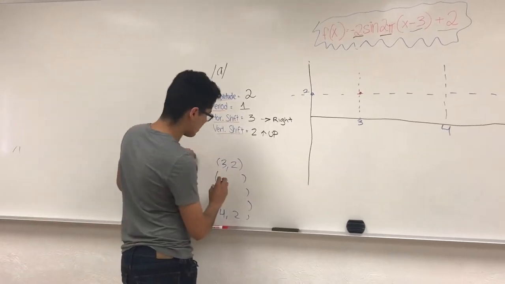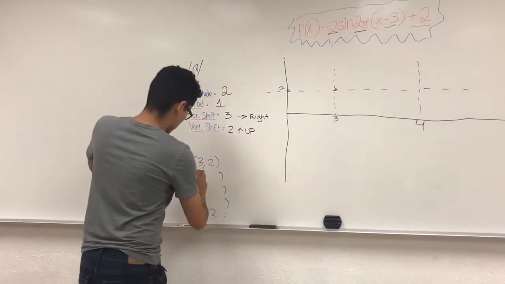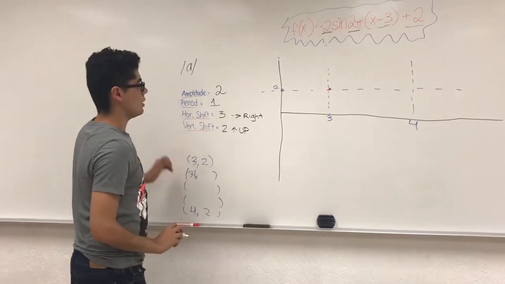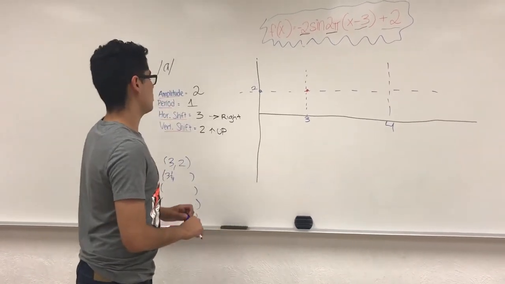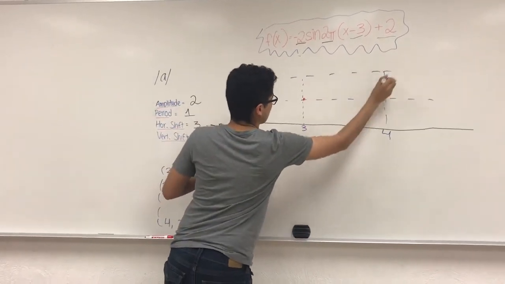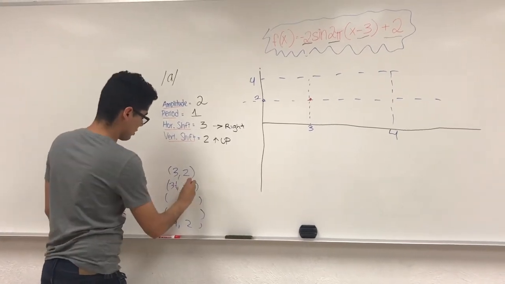So the next point will be 3 1/4, and the maximum value will be 4. So we know that it will grow until this point, 3 1/4, 4.